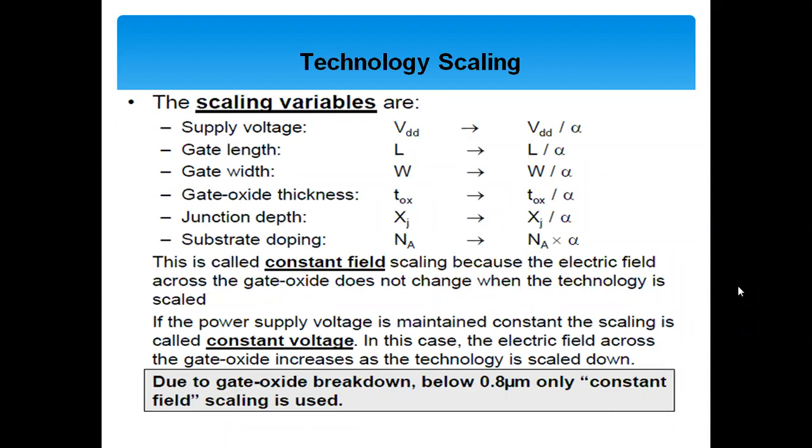Second is the gate length L, that should also be scaled by alpha. Gate width, that is W, that should also be scaled by alpha. Then gate oxide thickness, Tox, should be scaled by alpha. Junction depth Xj should also be scaled by alpha. And substrate doping, that is Na, should be multiplied by alpha, right?